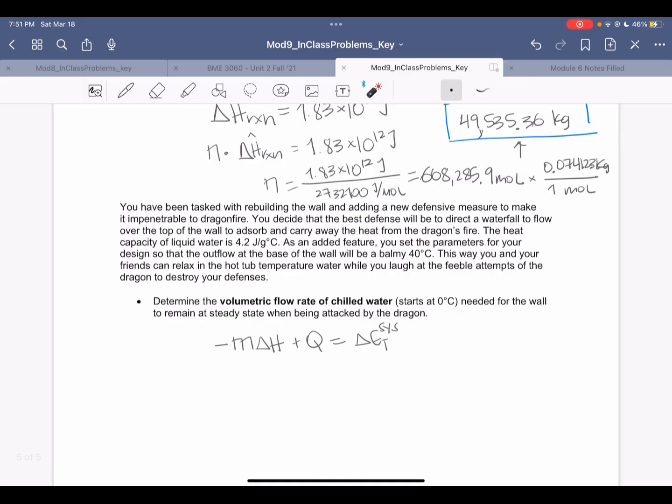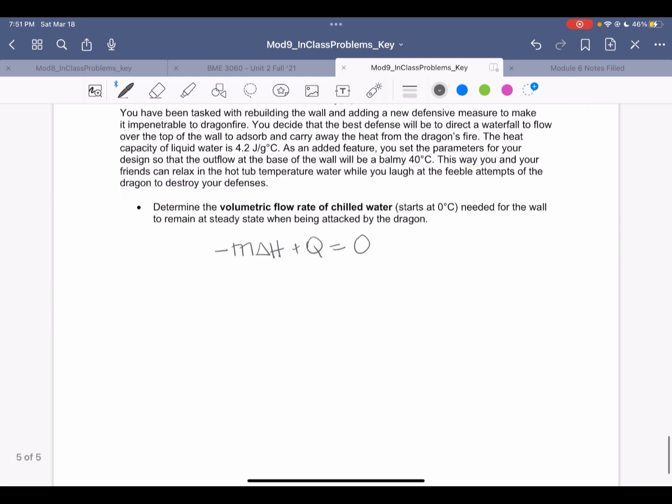So now I do know that this is all happening. But I do want this side to be equal to 0, because I want my equation to be at steady state.